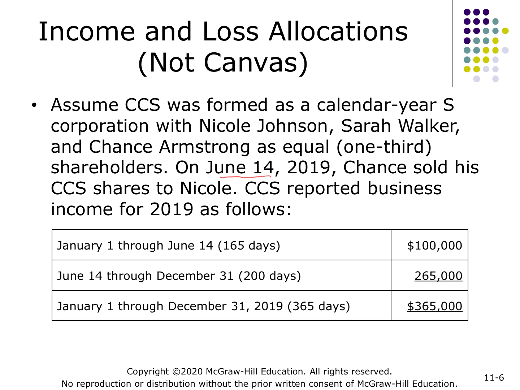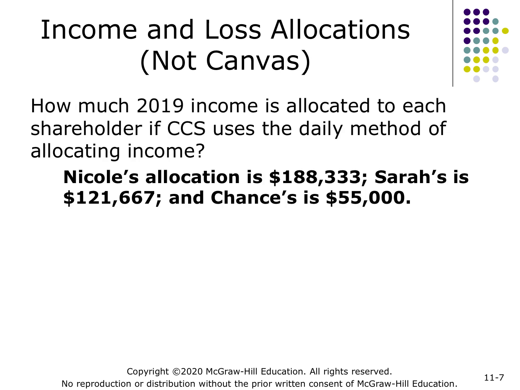And then we have the following business income, all right? And we're given the number of days, all right? So this goes along with the last slide, right? So how much income is allocated to each shareholder if they use the daily method of allocating income, all right? And I've got all of the figures here for you. I'm going to work through Chance right here, okay?